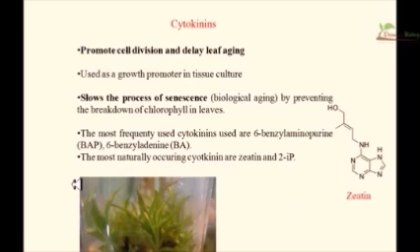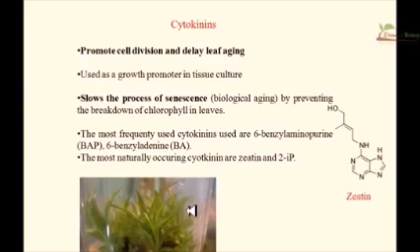The third kind of hormone is cytokinins. Now cytokinin promotes cell division and delays leaf aging. As the name suggests, cytokinin, cyto means the cells, so it will help to divide the cells rapidly and produce the organism. It slows the process of senescence, that means biological aging, and it prevents the falling of leaves from the tree.